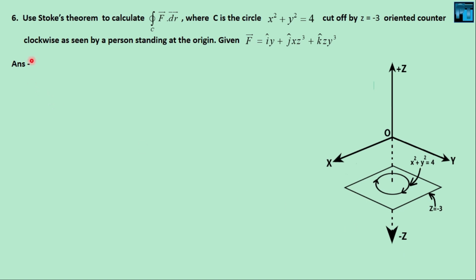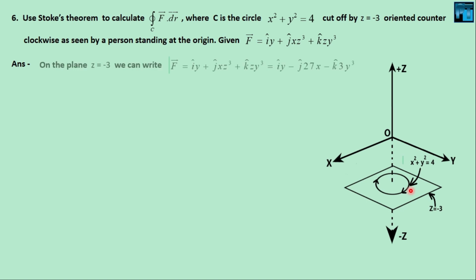Since this is the counterclockwise direction, so this circle, this line is counterclockwise, so the direction will be in the outer part, in the positive part.